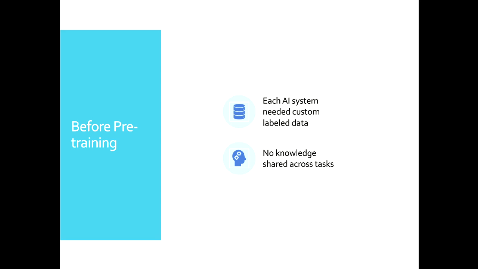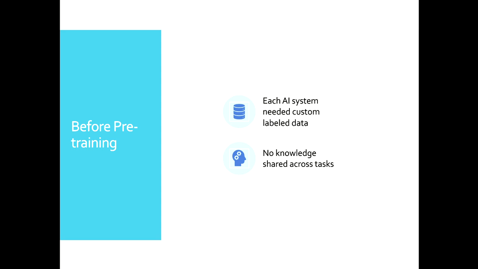Later, more advanced models like BERT and GPT came along. These models didn't just learn about single words, they learned how words work together in sentences and conversations. And they did not need humans to label data for this.